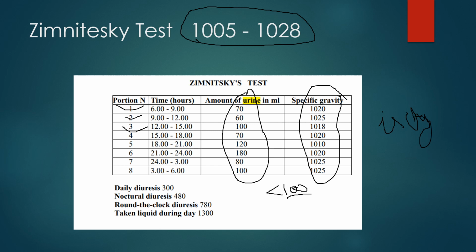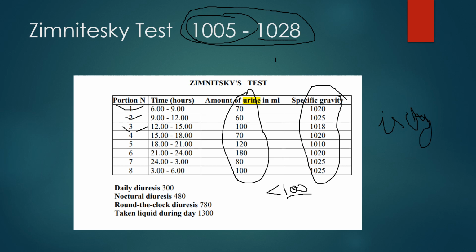Now we will check the column of the specific gravity. If the specific gravity is more than 1028 in any column, then we will say it is hyperstenuria. And if it is less than 1005 in any column, then we are talking about hypostenuria. Now in the next condition, we will check the maximum value in this table and the minimum value.